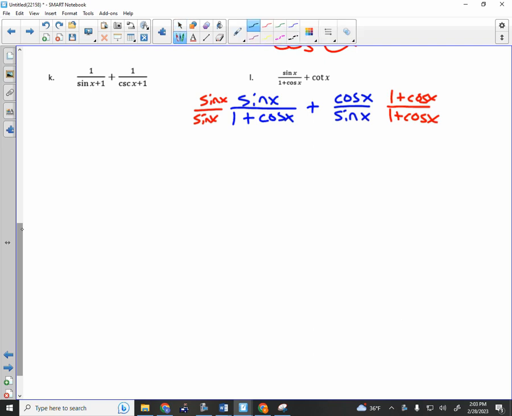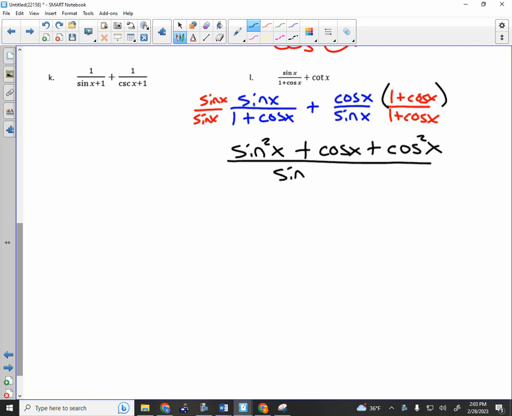What do you get on the left-hand side? Sine squared of x plus, and then what does the right side become? Cosine of x plus cosine squared of x, over sine of x times 1 plus cosine of x.